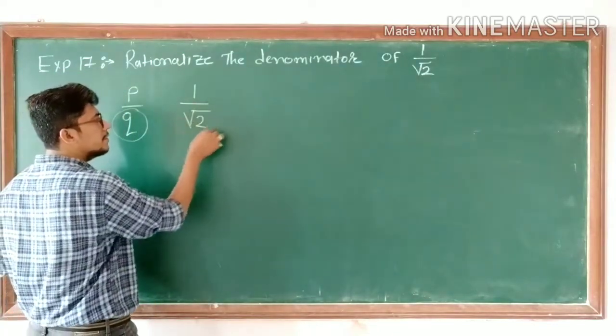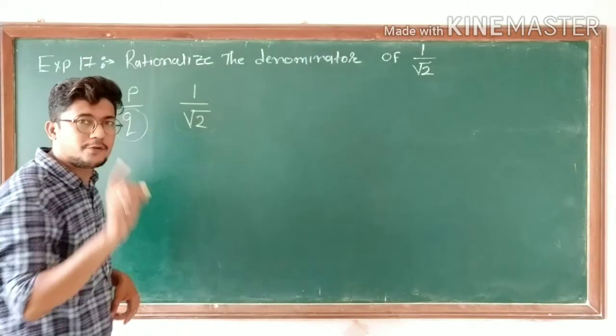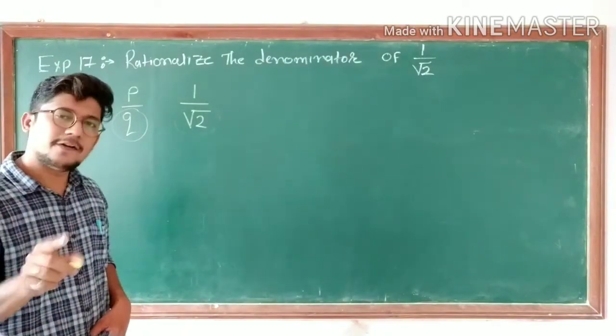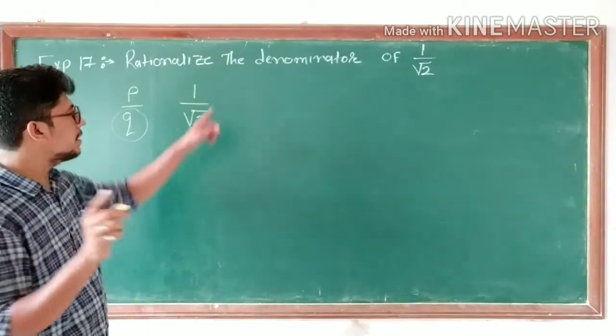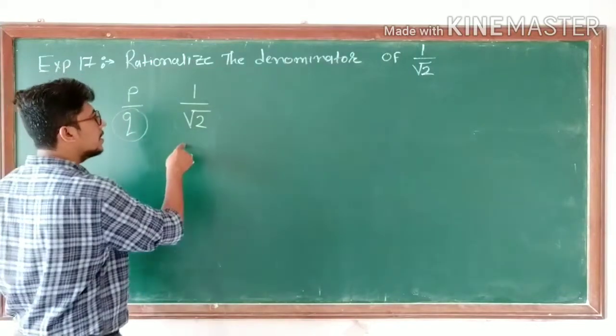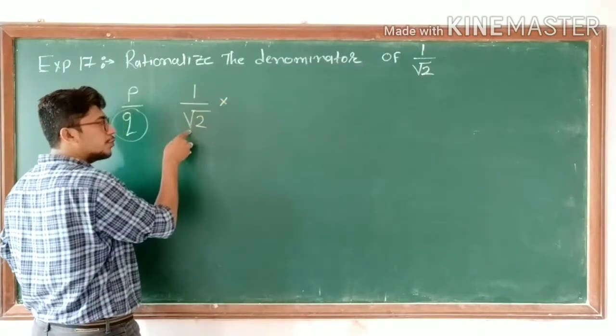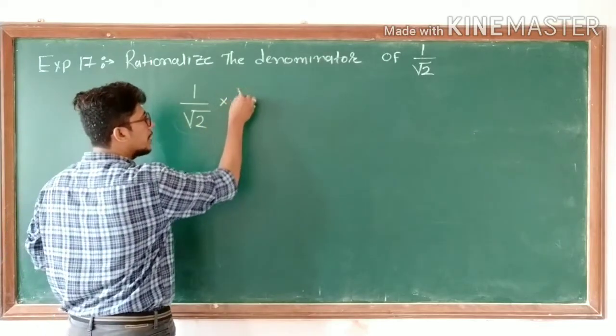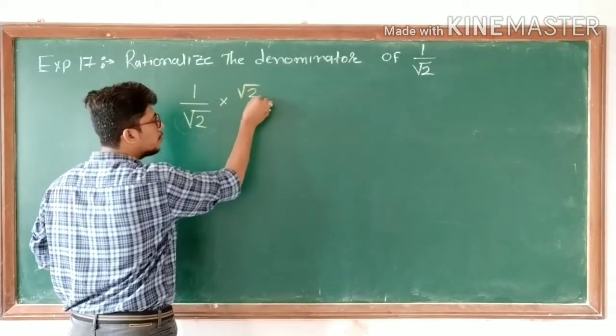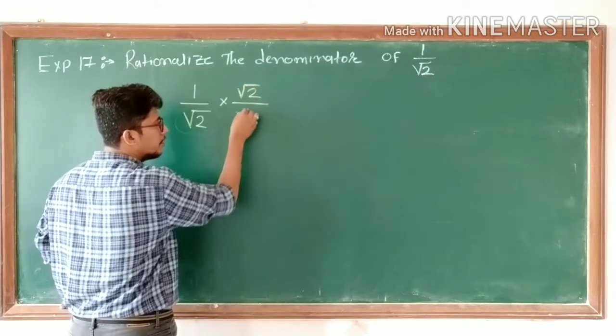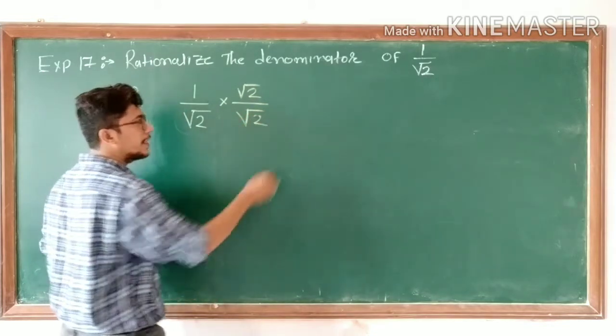Whatever the number is given in the denominator, you have to multiply and divide with the same number as the original number. So here 1 upon root 2 is given, and root 2 is in the denominator. So you have to multiply with root 2 and divide with root 2. What I am writing?